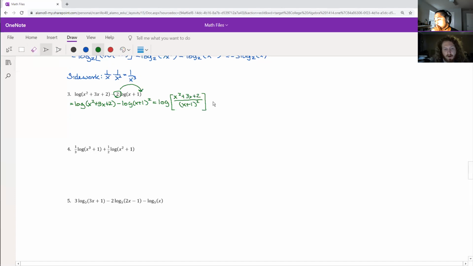And then this top part can be rewritten. We'll have the log of, this will be x plus 2 times x plus 1? Yep. Divided by x plus 1 squared. This cancels to 1, that cancels to 1. So this will be equal to just log of x plus 2 divided by x plus 1.